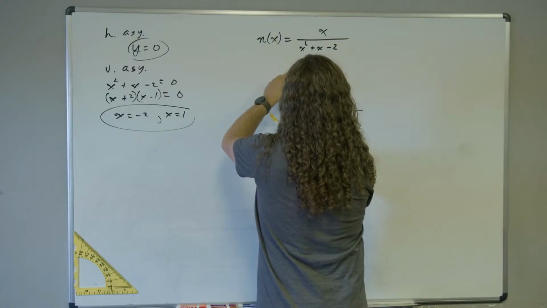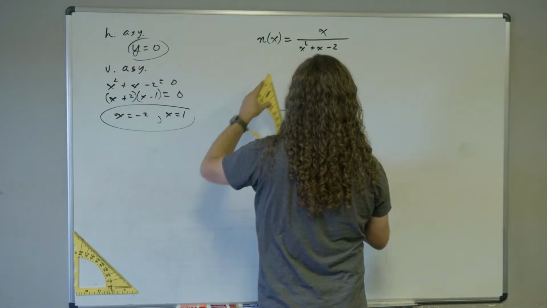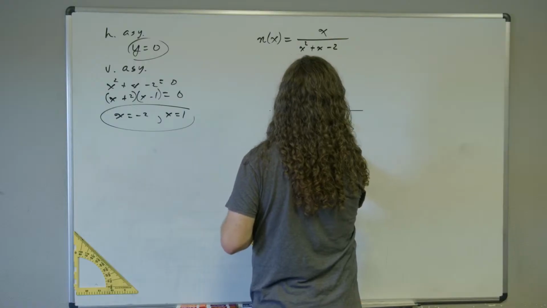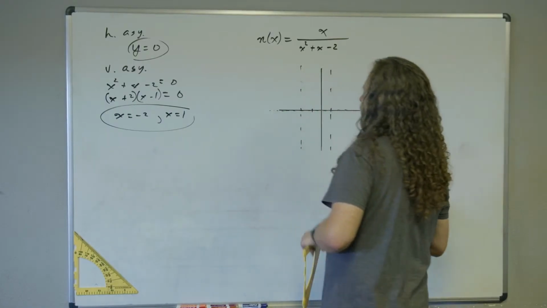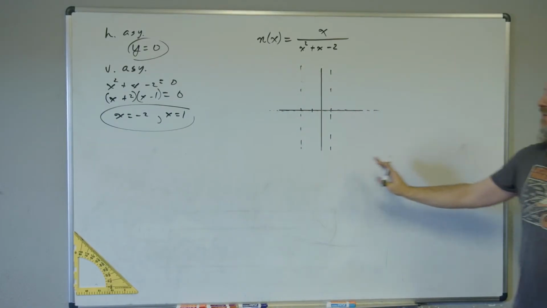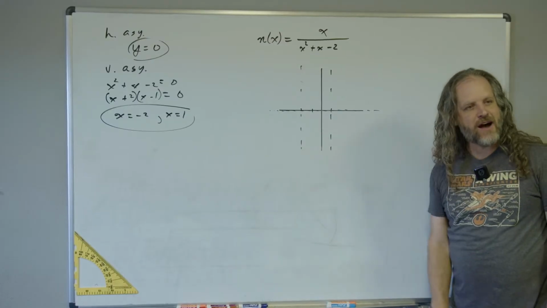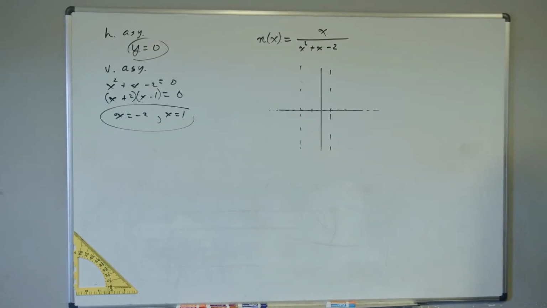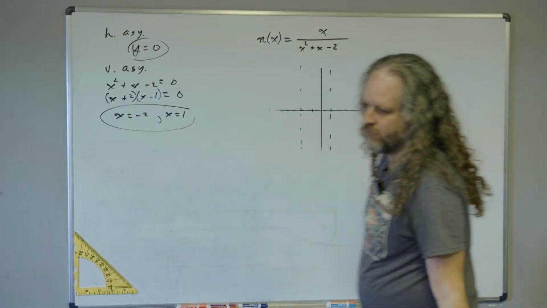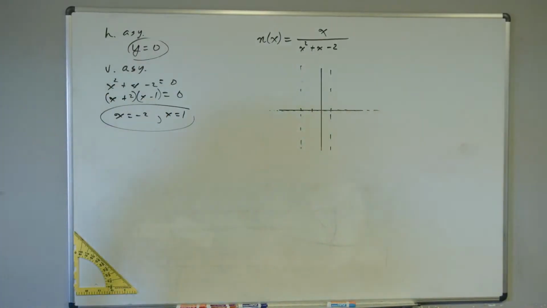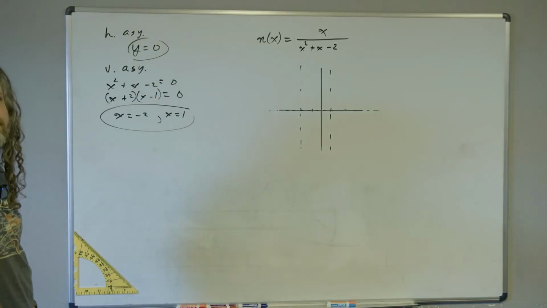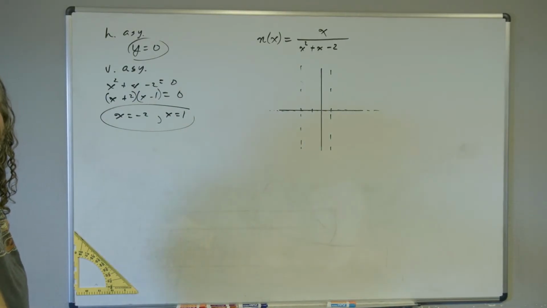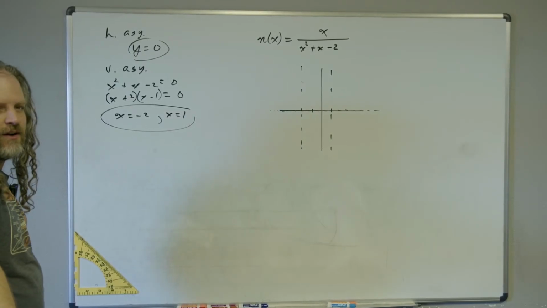There are our asymptotes, so we have 3 chunks. What would we do now to graph it? We're going to use arrows, and we have to draw a line. If you didn't have a graphing calculator, what would we do next?